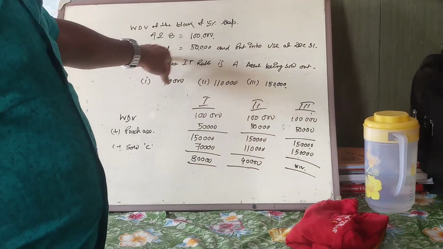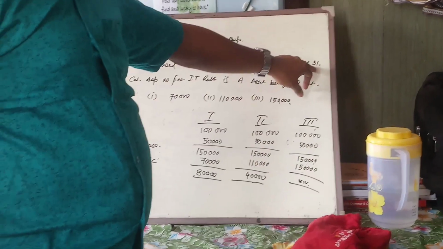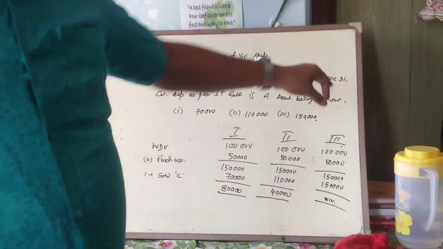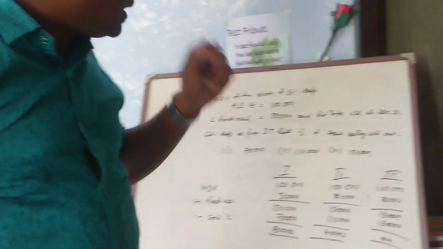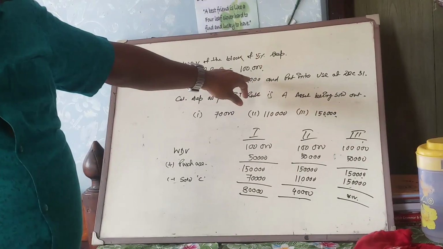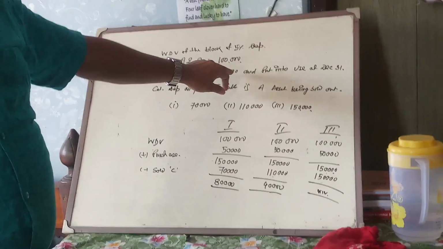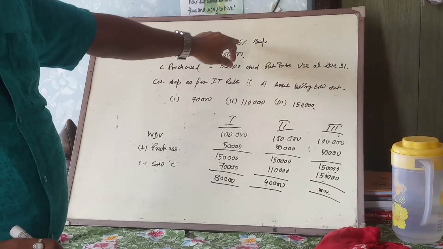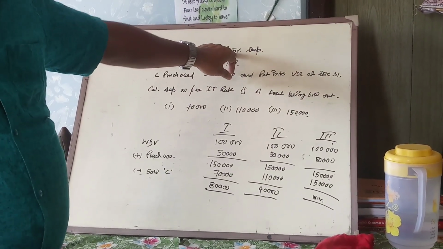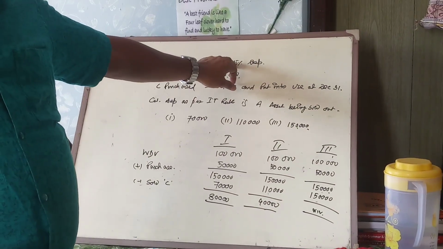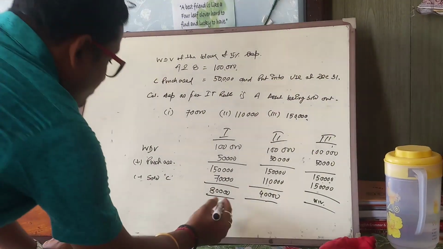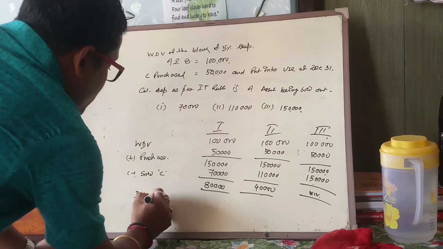As C was purchased for 50,000 and put into use on December 31st, it has not been put into use for 180 days during the previous year, just because of January, February and March. So on that particular 50,000, we are supposed to charge half the rate of depreciation, that is 2.5%, and on the balance we are supposed to charge the full rate, that is 5%.